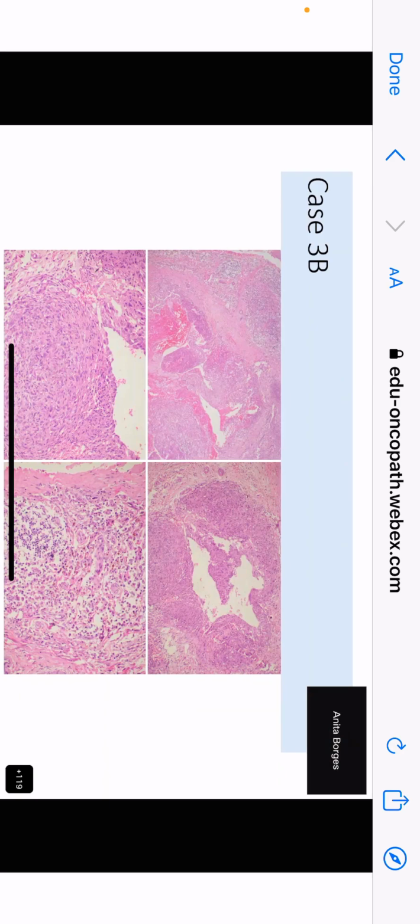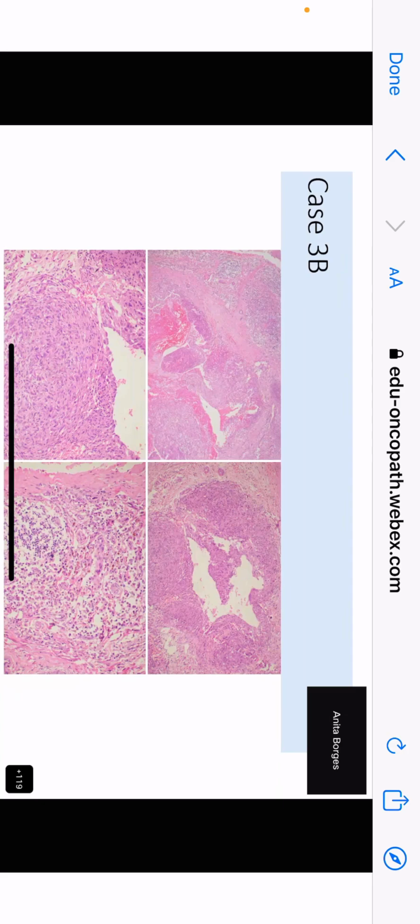It is largely spindle, focally stellate, has very distinctive spaces within the lesion in which there is hemorrhage, and these spaces are lined by endothelial cells. At the periphery, you are seeing lymphoid tissue. Now, come on, I've said the whole thing. So, what is it, Vimi?